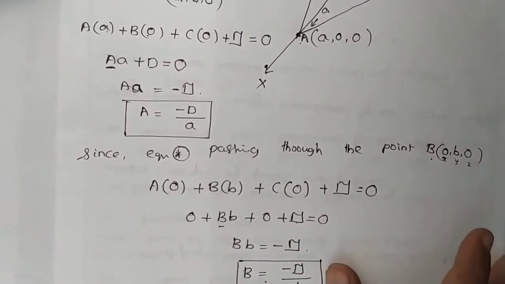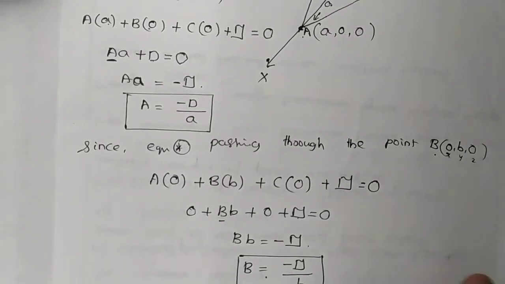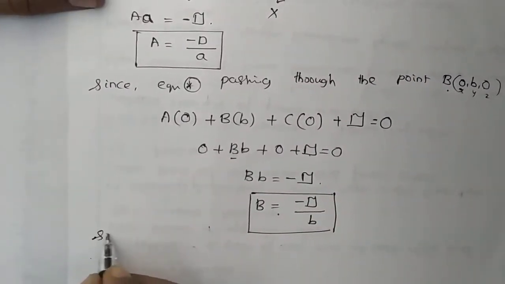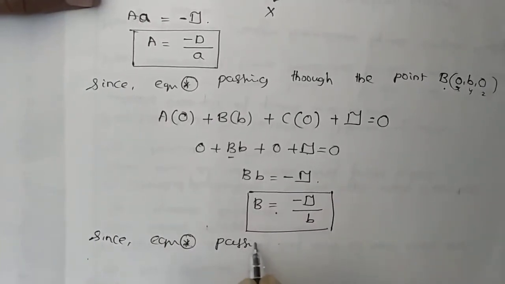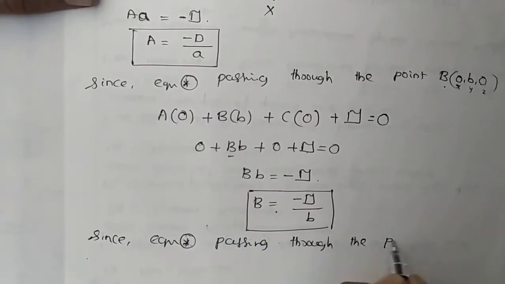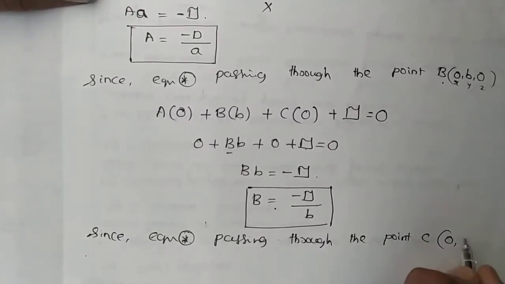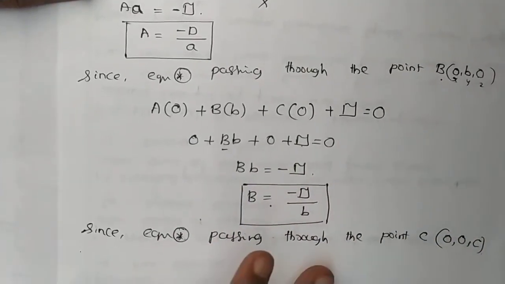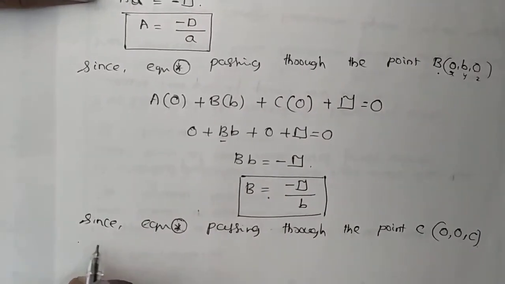Now once again, this equation of a plane, equation star, passes through the point C. The point C we have 0 comma 0 comma c. Similarly here also substitute the point C in the equation star.